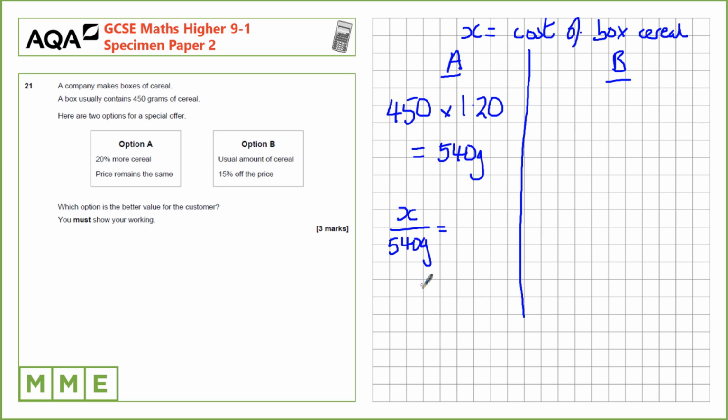And as a decimal, we can write that as 0.00185x. So if we knew the price, say it was £5, we could do 5 multiplied by this answer, and it would give us the actual cost per gram.